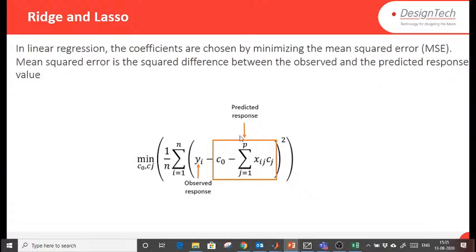So of course your equation will look like this. This is the predicted response and this is the original response, take the difference, and we will get the mean square error. Whatever the minimum square error is in comparison of different variants, the minimum will be chosen in this case. Now this equation is common for Ridge and Lasso both.